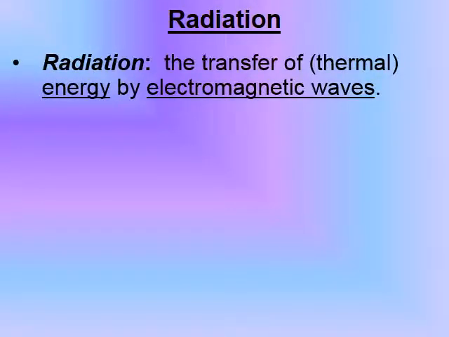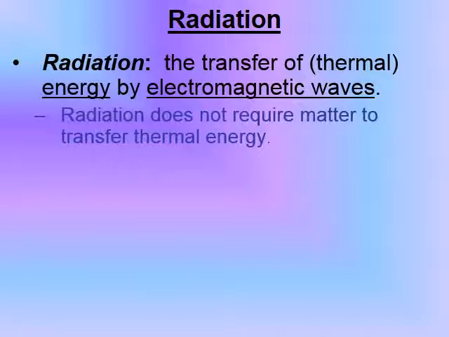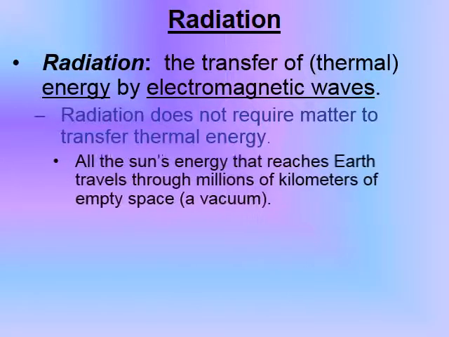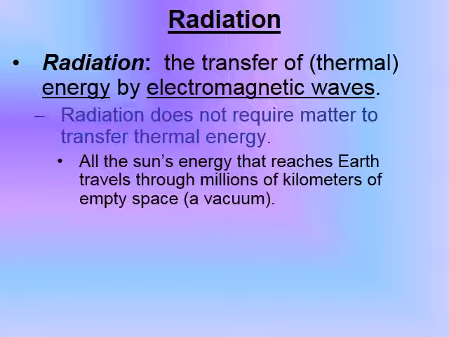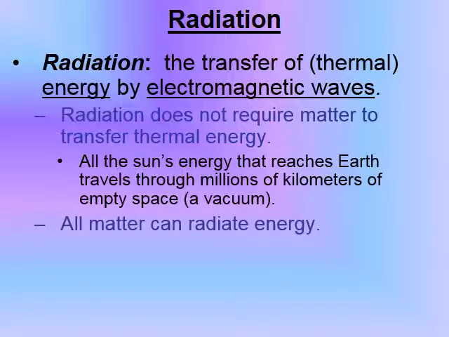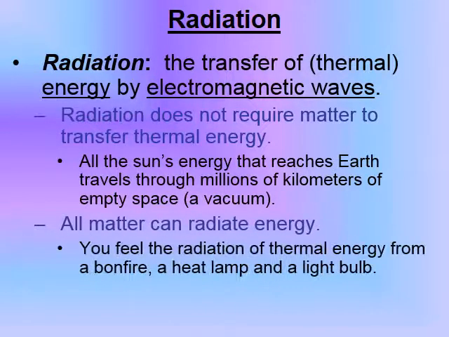But radiation is heat that transfers by electromagnetic waves. It doesn't require matter to transfer. Now, all the sun's energy is in the form of thermal energy by electromagnetic waves. All matter can radiate energy.